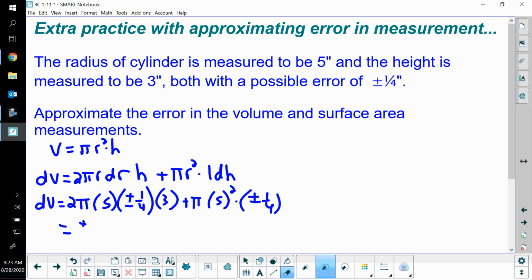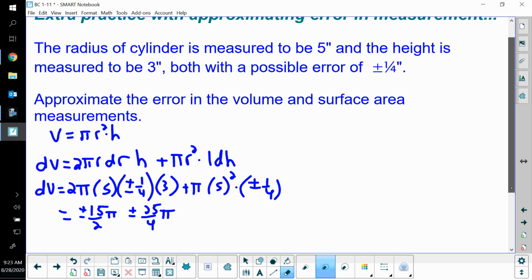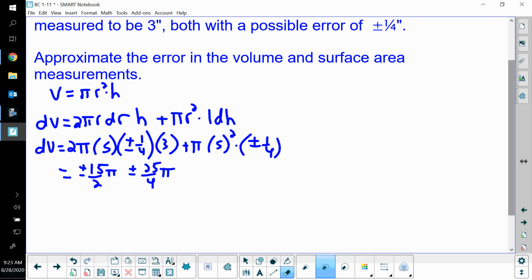So we're going to get plus and minus 15 halves pi plus and minus 25 fourths pi. Again, we want the maximum error, so just worry about the plus or minus at the end. And we will get 55 over 4 pi. We got our plus and minus out front, and this was a volume, and we were in inches, so we have inches cubed.